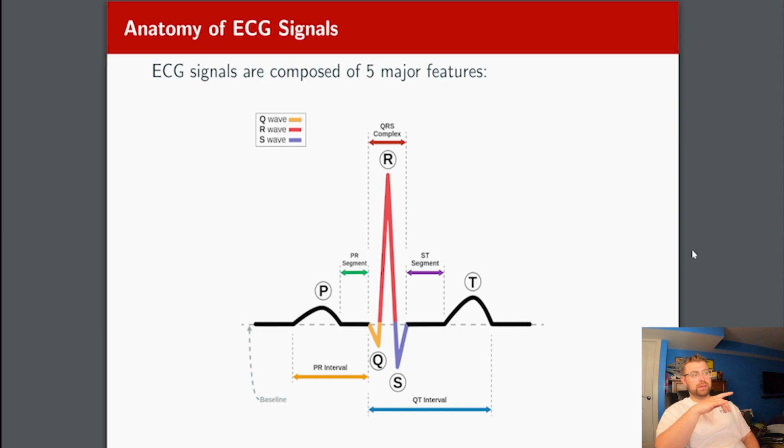And same with these intervals. We have this PR interval on the bottom, this QT interval on the bottom, and this ST segment, and this PR segment. Same thing, the length and the depth of these gives some kind of insight into what's going on with the heart.